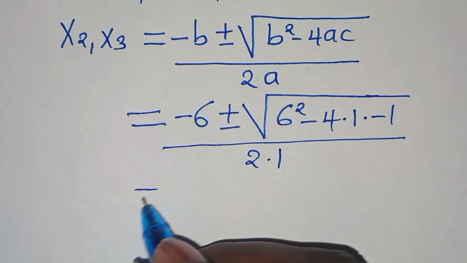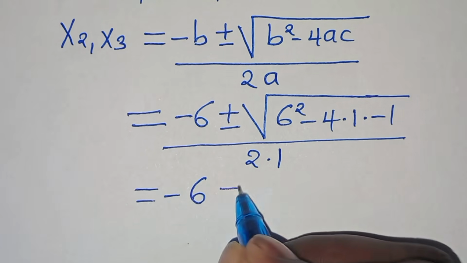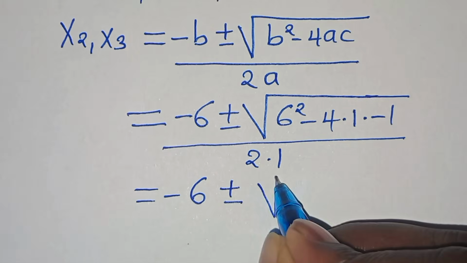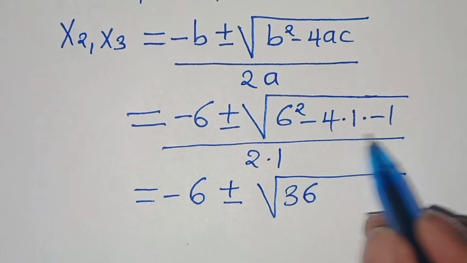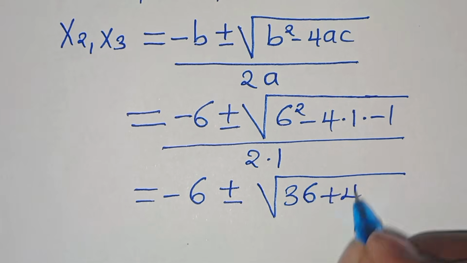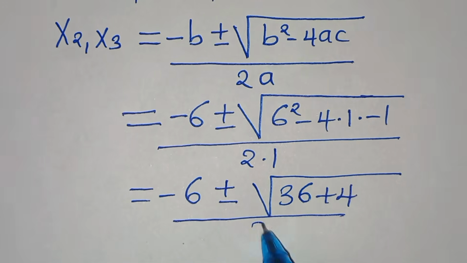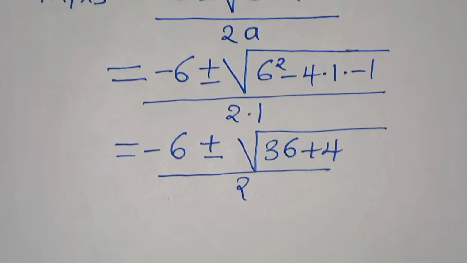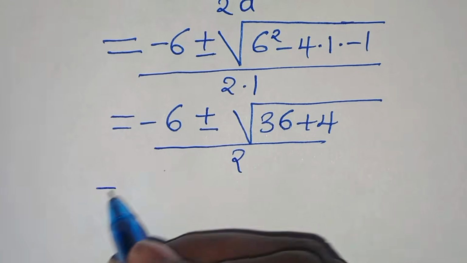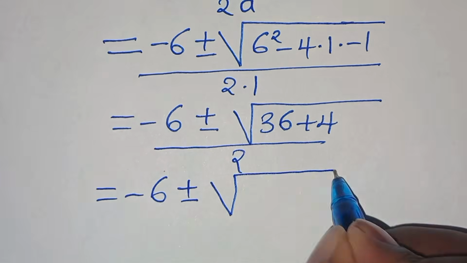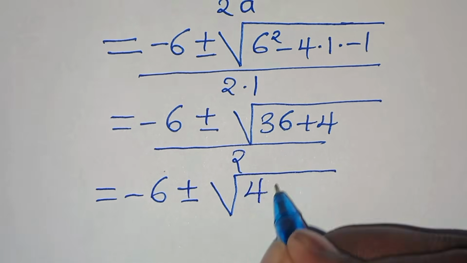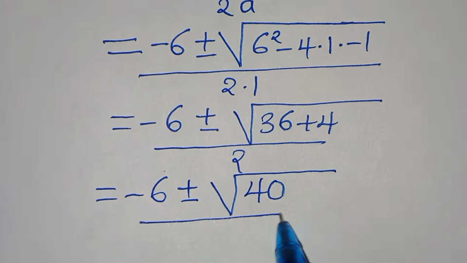And this implies we have minus 6 plus or minus the square root of 6 squared, which is 36, then minus 4 times minus 1. This is plus 4, then divided by 2. So we have minus 6 plus or minus the square root of 36 plus 4, which is the square root of 40, divided by 2.